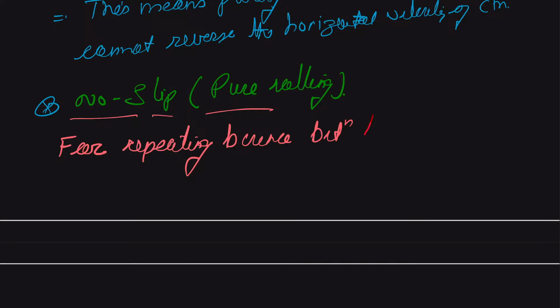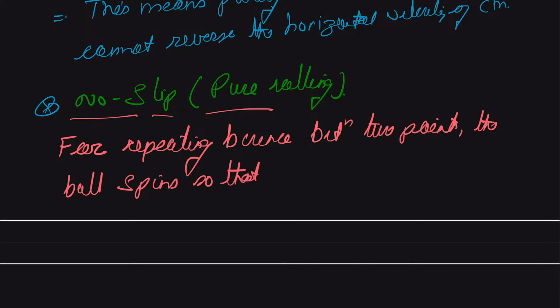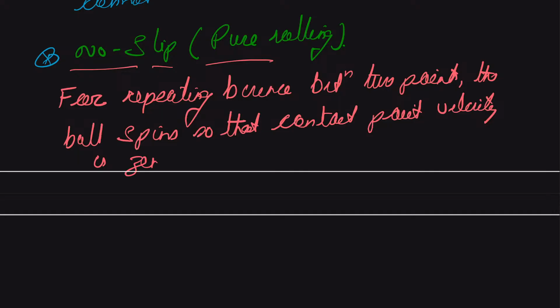between two points, the ball spins so that the contact point velocity is 0 just before impact.